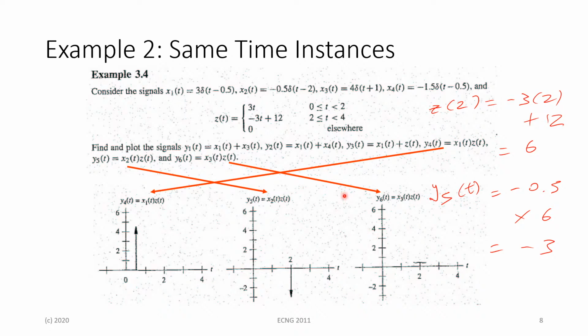So if we watch this mathematically, the z of t signal here exists between t of 0 and t of 4, but everywhere else in time, it's just going to be 0. Our x3 of t signal here occurs at t equal to negative 1, because this is t plus 1. That means the impulse here will actually be on the left-hand side of the axis.